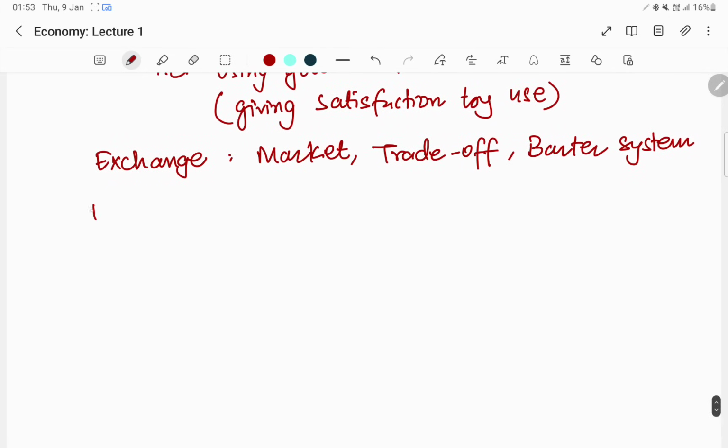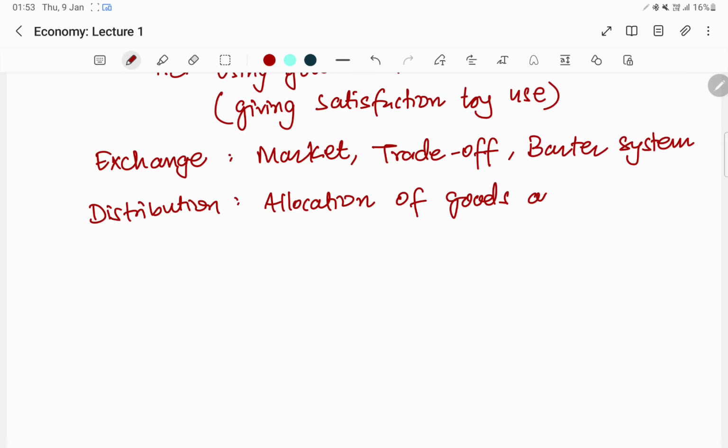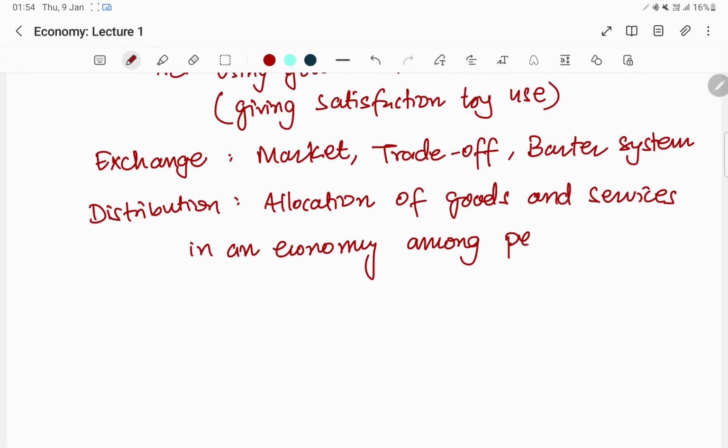Now we will discuss distribution. Distribution is nothing but allocation of goods and services in an economy among people.